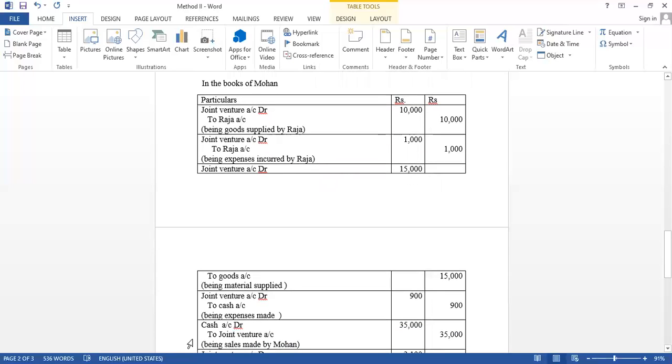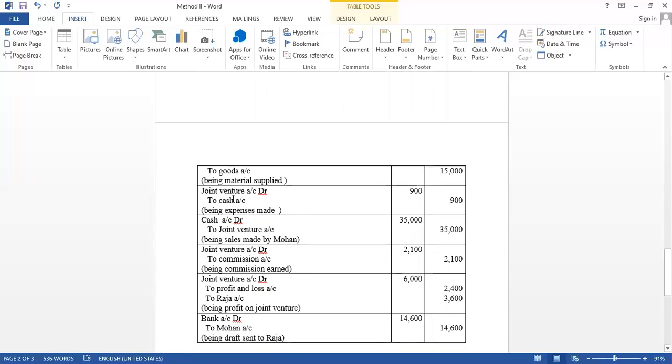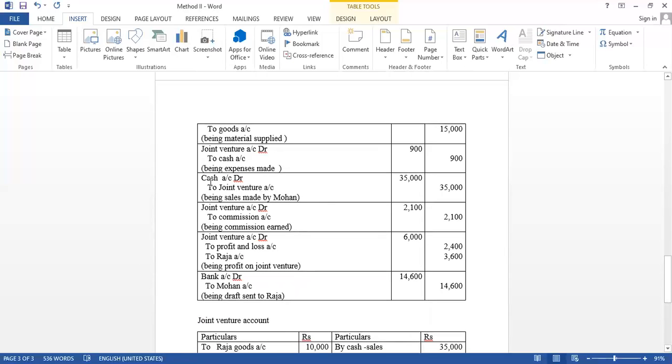Now we see the journal entries of Mohan. Joint venture account debit to Raja. Raja contributed 10,000 worth of goods. Then he made expenses 1,000. Mohan contributed 15,000 worth of goods. Then he made expenses 900. Joint venture sales: cash account debit to joint venture 35,000.